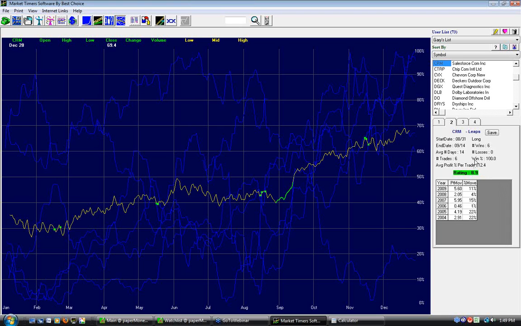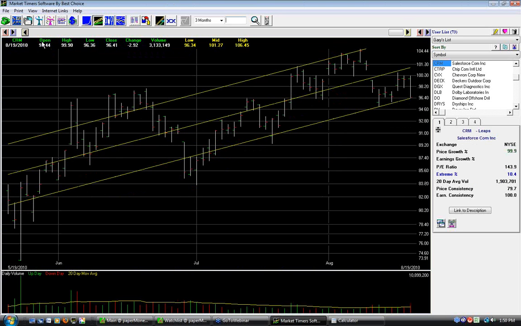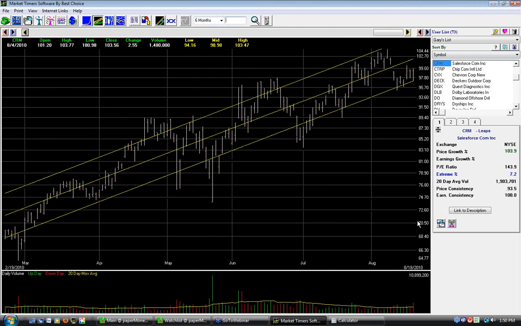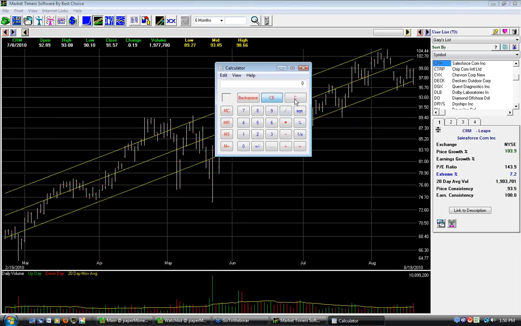You could say, well, I'm going to be more conservative. I'm going to say, on average, that stock is going to move about 12.4%. Again, folks, that's an average. Could be more, could be less. So if you use that number as a conservative number to say, that's how much I expect the stock to go to, and you were on a 6-month chart, and you took out your trusty calculator and did the math.